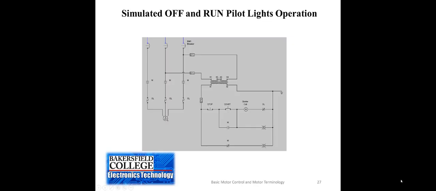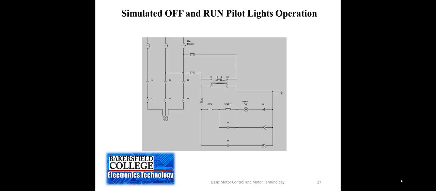This also shows that circuit that has the auxiliary contact being used for the green light. Basically, as you see at the bottom of that diagram, there is an auxiliary contact in that motor starter contactor. The M contact that's right at the bottom is normally closed.